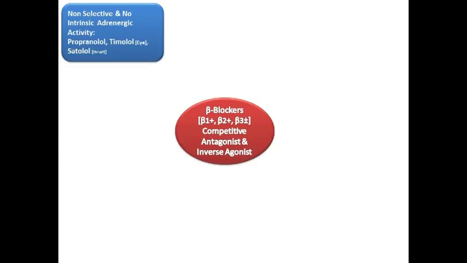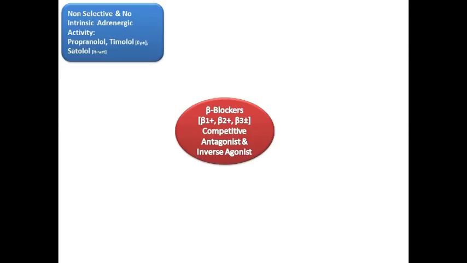That's an application of beta blockers for ophthalmic use, especially concerned with glaucoma. And then we have something called sotalol. That's also a non-selective beta blocker. It basically has action on the heart because it also has an interaction with the potassium channels on the heart, so it will be used as an anti-arrhythmic agent.